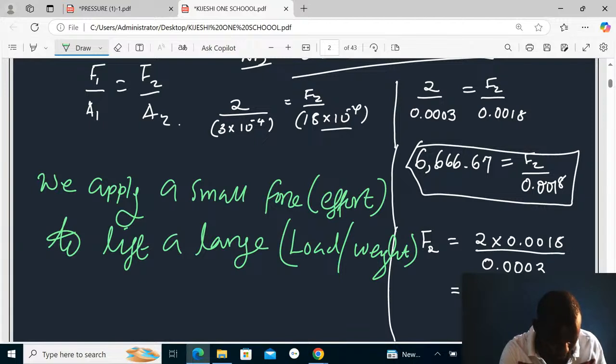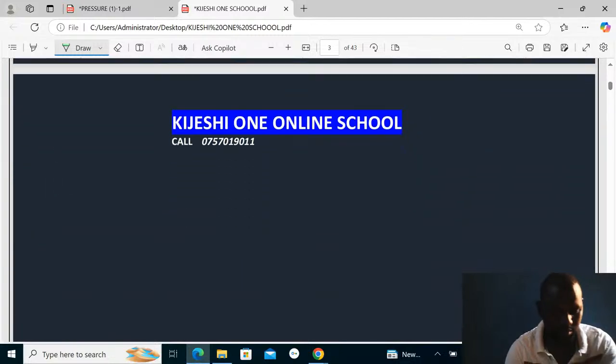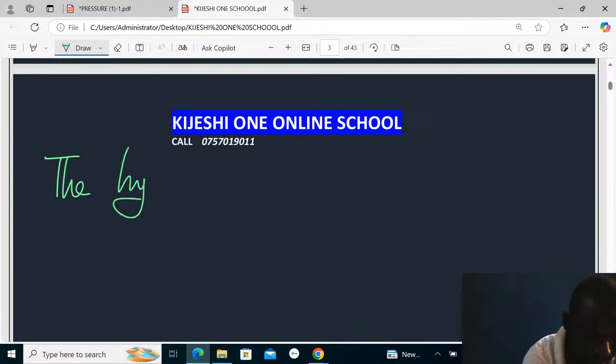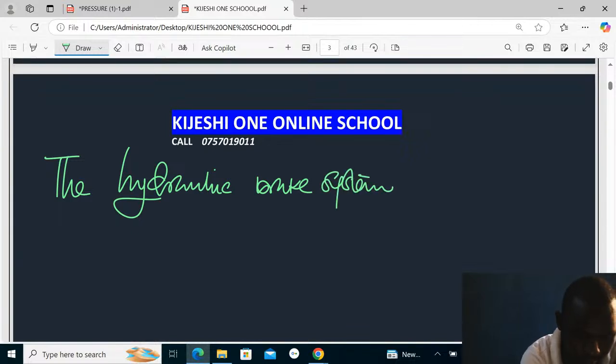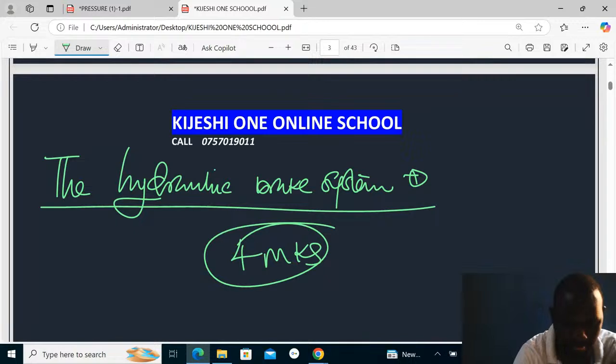Now from this, we can look at the hydraulic brake system. I've said that an explanation for this one brings an explanation of 4 marks, no shortcuts, but you must get it.